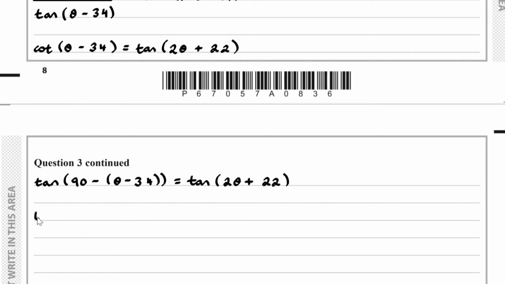So we've got tan of 124 minus theta equaling the tangent of 2 theta plus 22.